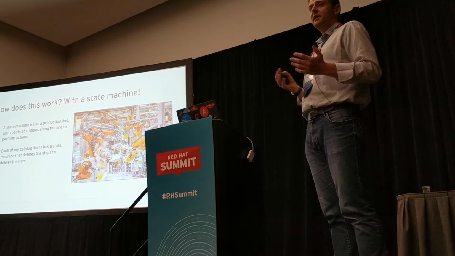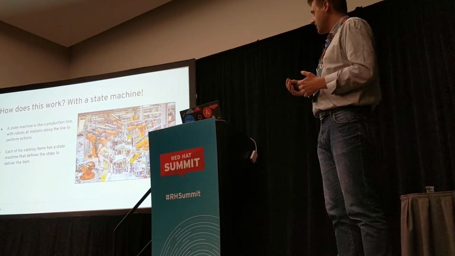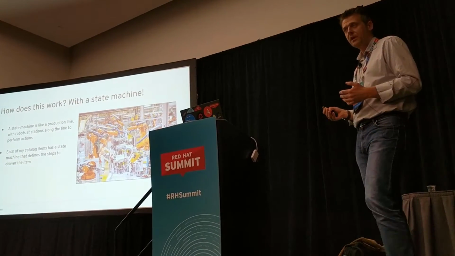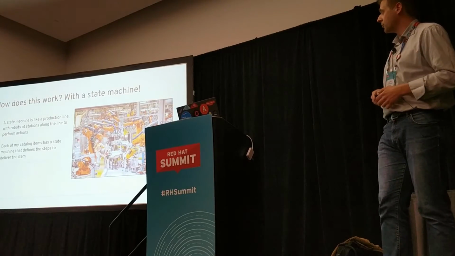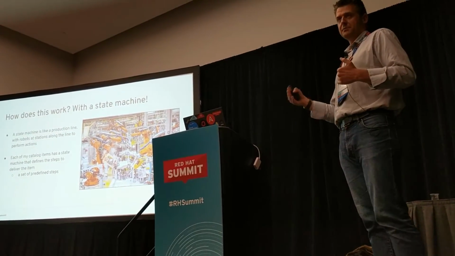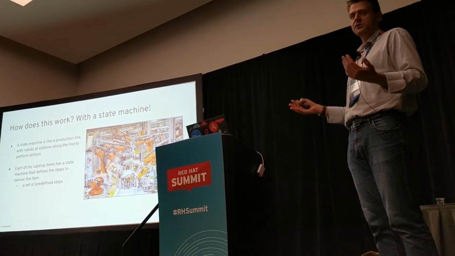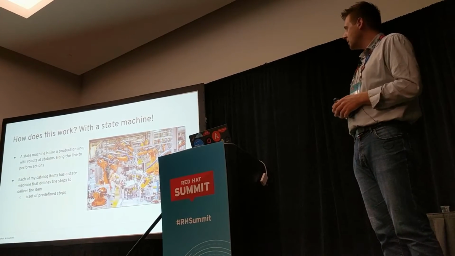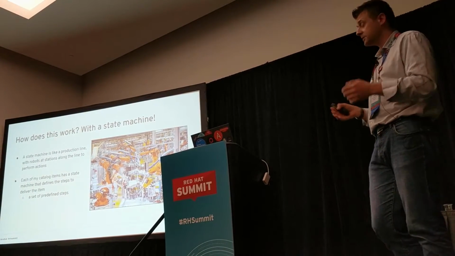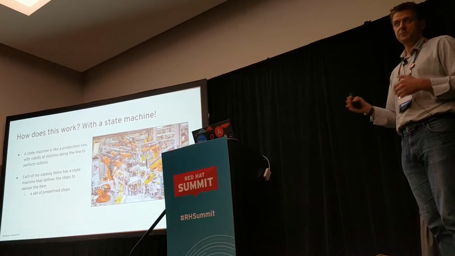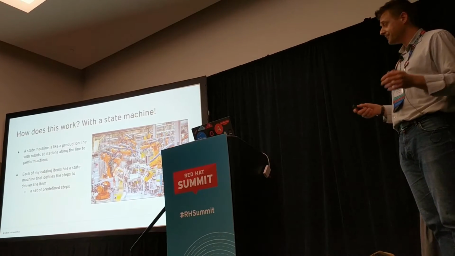So each of my catalog items that I talked about before, they have their own state machine. And the state machines we ship in CloudForms have a set of predefined steps. So we ship state machines that you can just reuse for all of your deployments. Most of the time, you don't have to do anything in customization, and the predefined steps we put in there are okay.